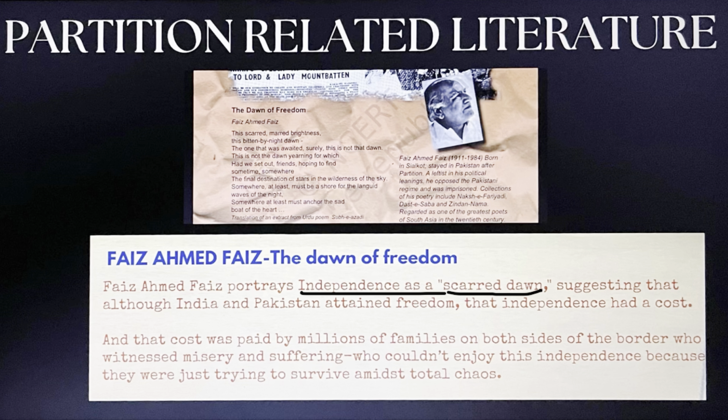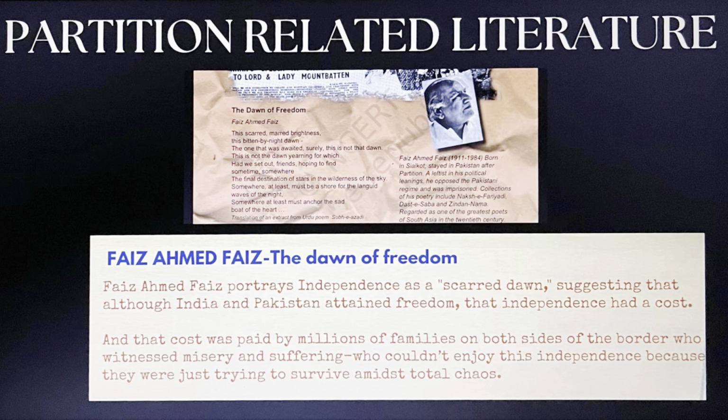Dawn means morning. So he suggests that even though India and Pakistan have attained freedom, that independence had a cost, and that cost was paid by millions of families who had suffered through this entire process. On the surface you have got the independence, but what about the pain that these families have been through?